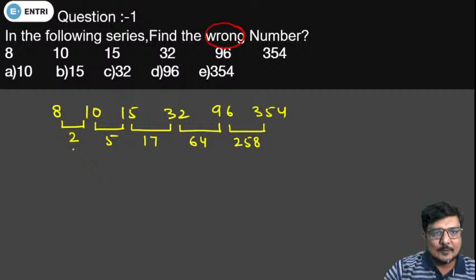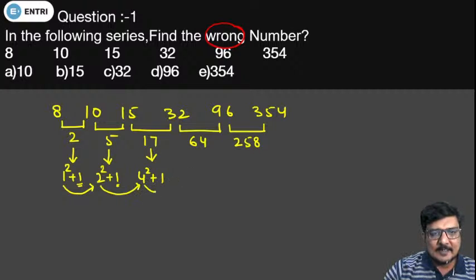Now what is the logic behind this series? This 2 can be written as 1 square plus 1. Likewise, this 5 can be written as 2 square plus 1, and this 17 can be written as 4 square plus 1. The addition of 1 is common in all, and 1 is being doubled to obtain 2, then 2 is being doubled to obtain 4.